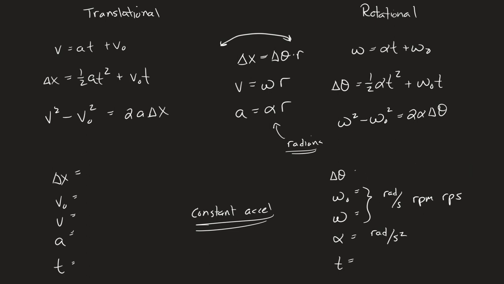And for angular displacement, rotations, sometimes called revolutions, or in a very narrow circumstance, radians. So delta theta usually favors rotations or revolutions. Angular speed, RPM, radians per second, rotations per second, those are pretty much even across the board. Angular acceleration is almost always radians per second squared.